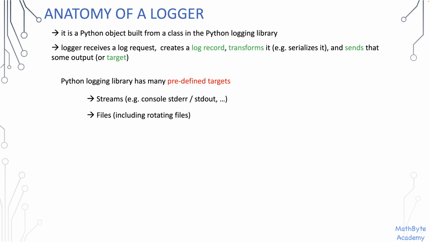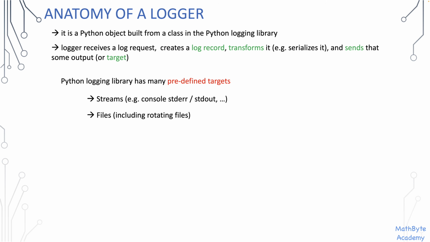You also have many predefined targets for files. And you have ways of saying, I want my log records to go to a specific file, or I want my log records to go to files and I want them to rotate. So as the files become larger than X amount of data, of megabytes, rotate to the next file. Only keep a history of 4.